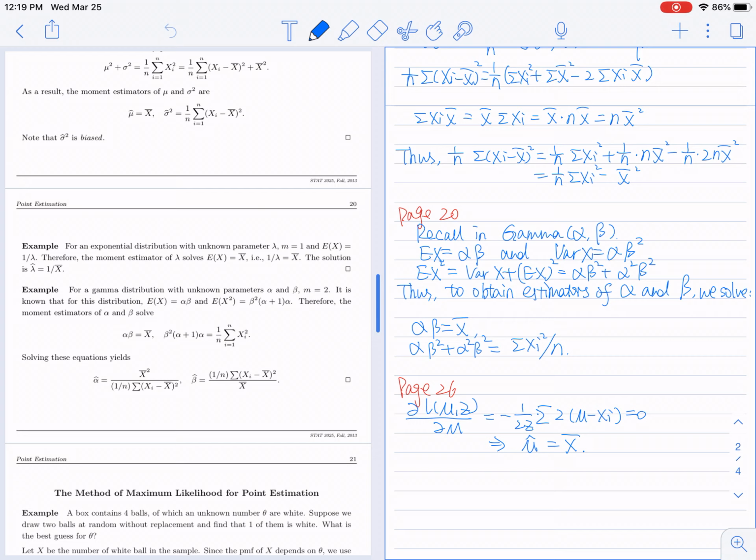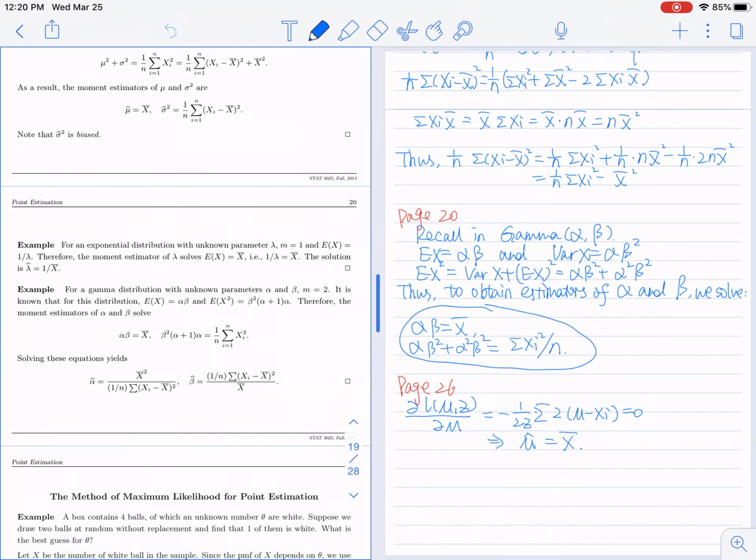And the expected value of x squared is just the second moment. So to obtain estimators of alpha and beta, we solve these two equations. And after solving these two equations, we are able to get the estimators on the left-hand side of the screen.